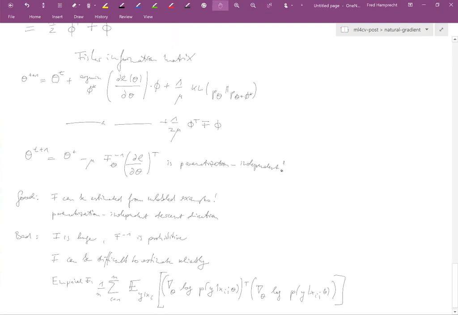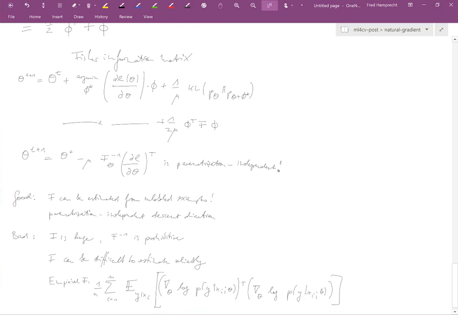There is another form for the Fisher information matrix, and this paper by Pascanu also shows how to derive this second form. Just see if I find it.